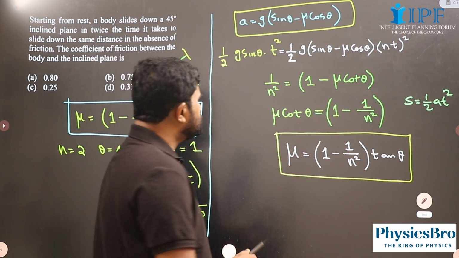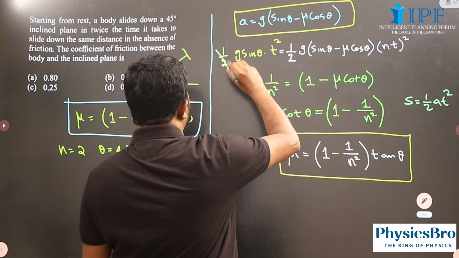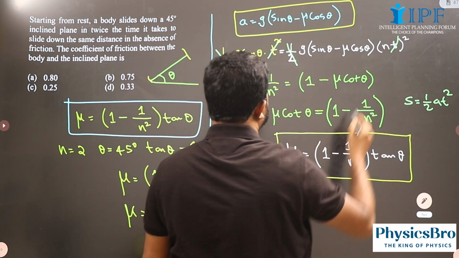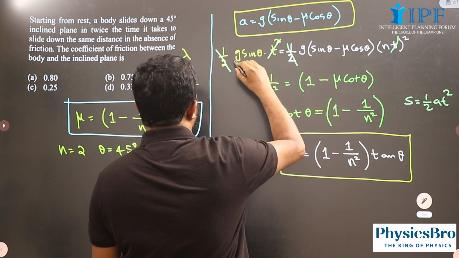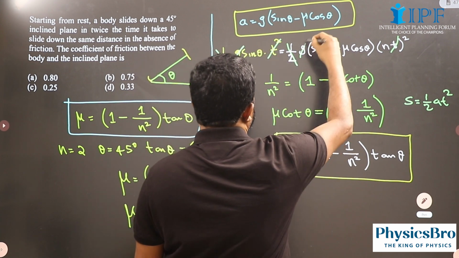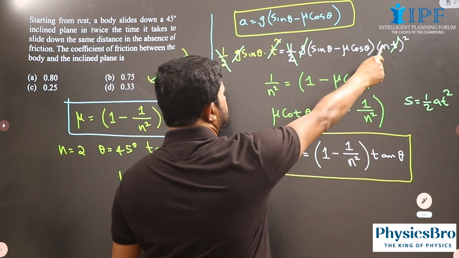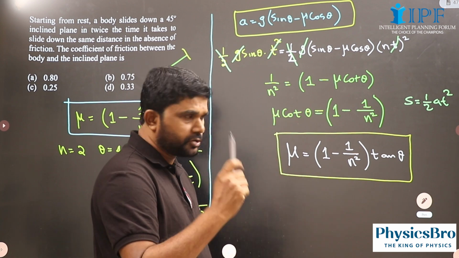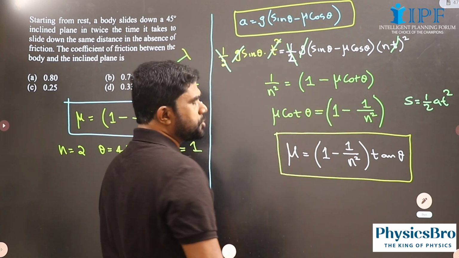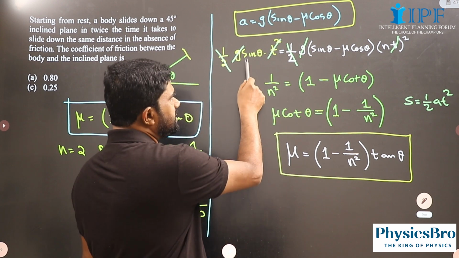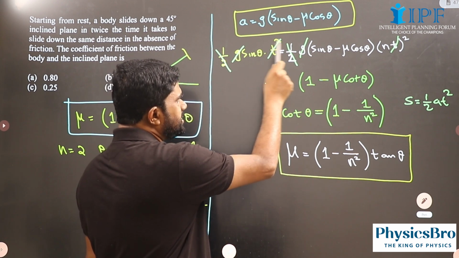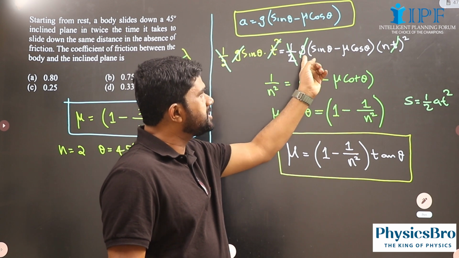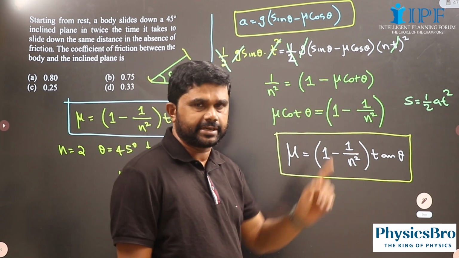Now we have half on both sides, t square also on both sides, and g is also there. There is n square on the right side. Take that n square to the left side, so it will be 1 by n square. On the left side there is a sin theta. If this sin theta is taken to the right, we get (sin theta minus mu cos theta) whole divided by sin theta.